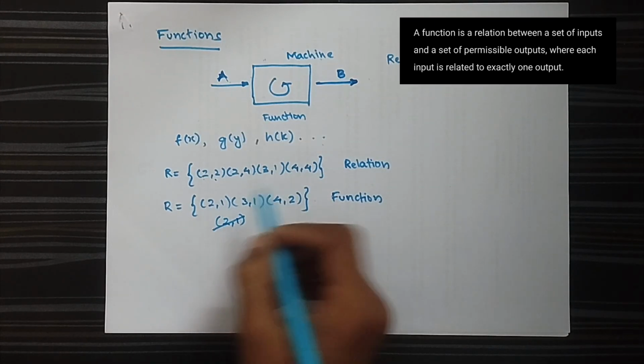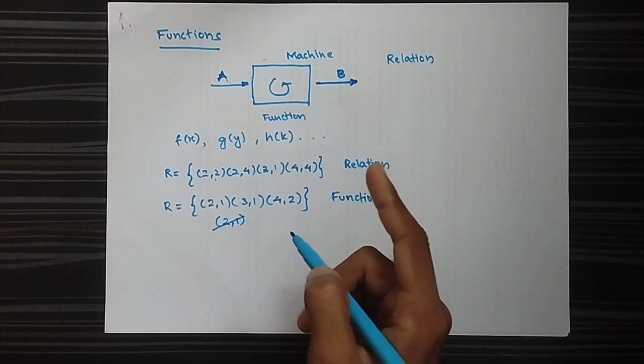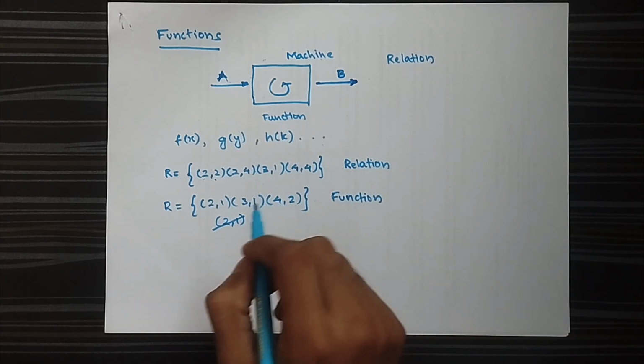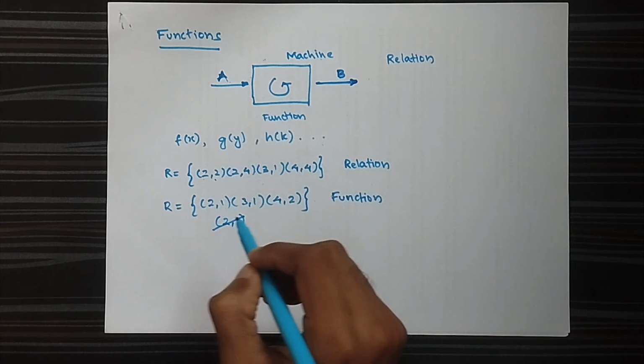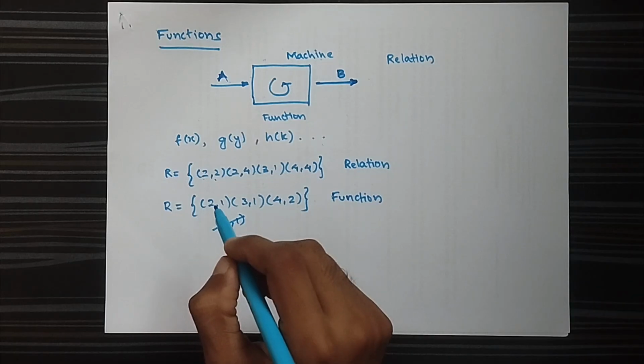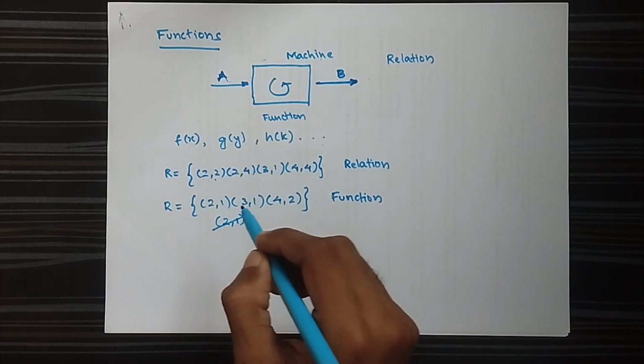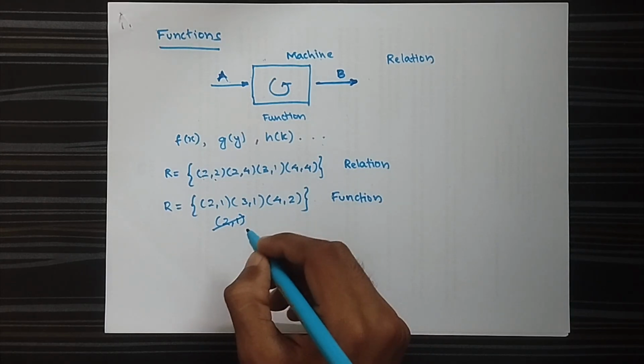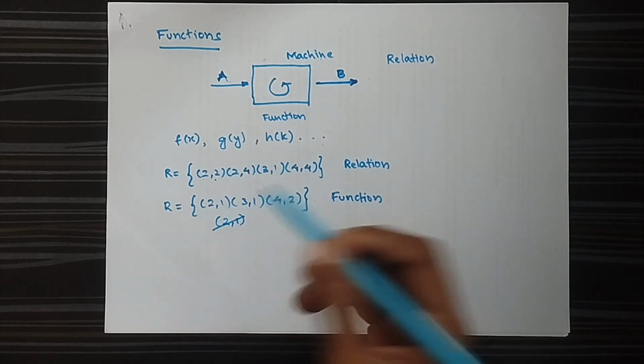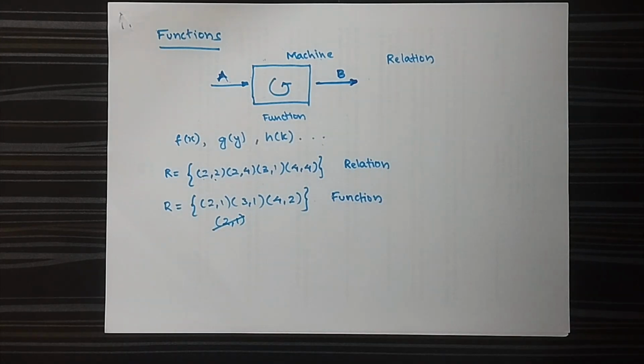So each input would have exactly one output. We cannot have 2 giving different outputs, as that will make the machine corrupt. This is a perfect machine where wherever you give 2, you get 1, even if it comes the second time, but we do not express it in a set because repetition is not allowed in sets.